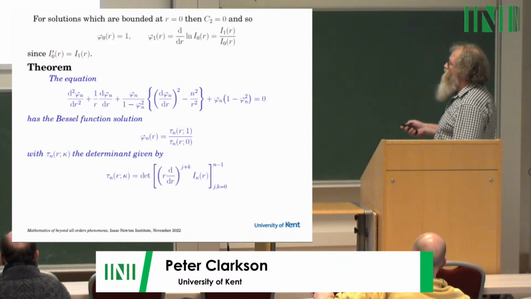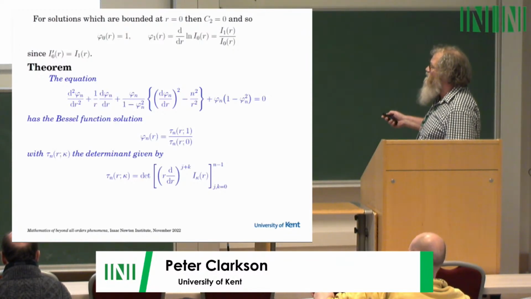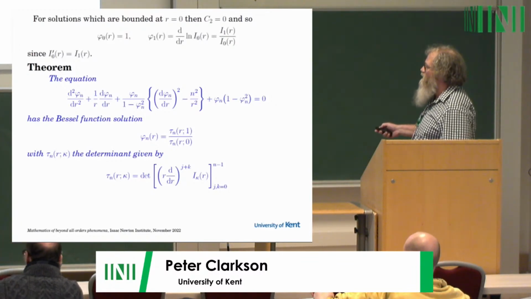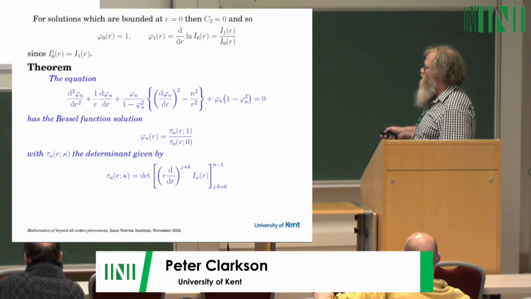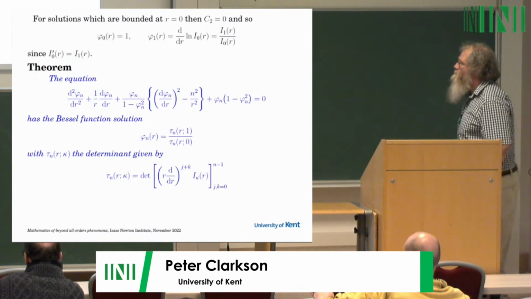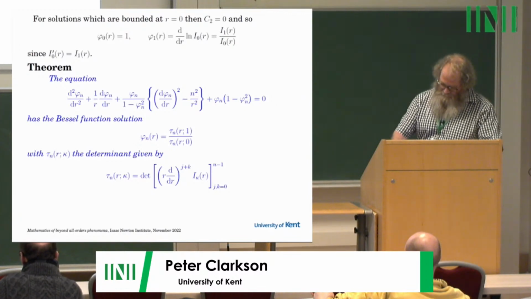Now, for bounded solutions, you've got to take only the modified Bessel I function, and then you can write the solution here for all n. You don't have to use the discrete equation here, just this Wronskian, or this determinant tau n, so that gives you the solution of this problem directly in terms of modified Bessel functions.